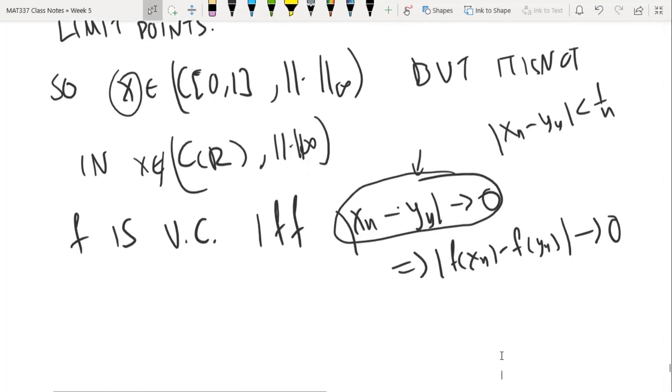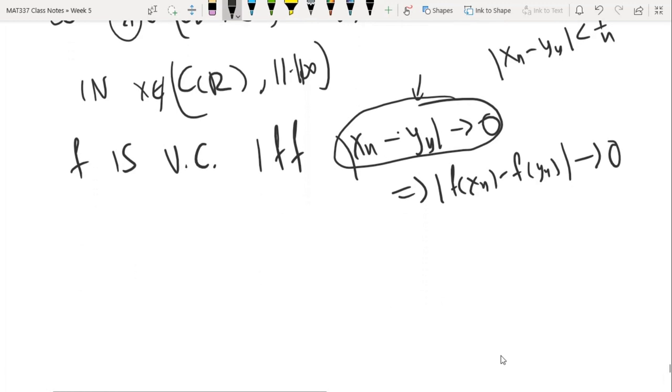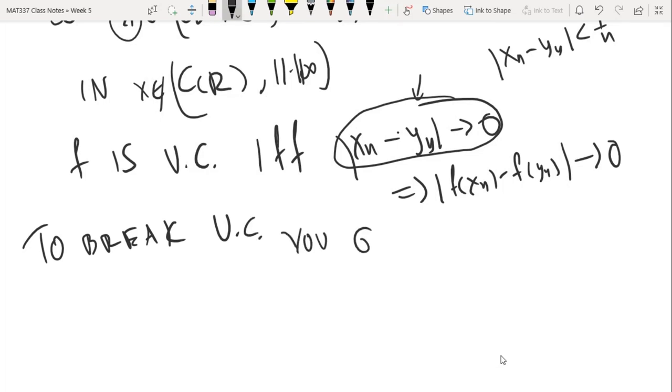Let me say this more clearly. To break UC, you just need to find an example. Any example will do.